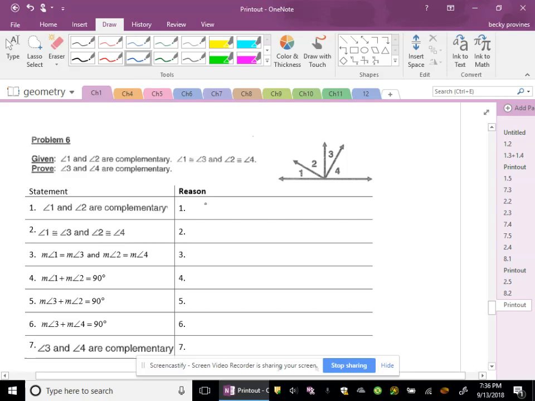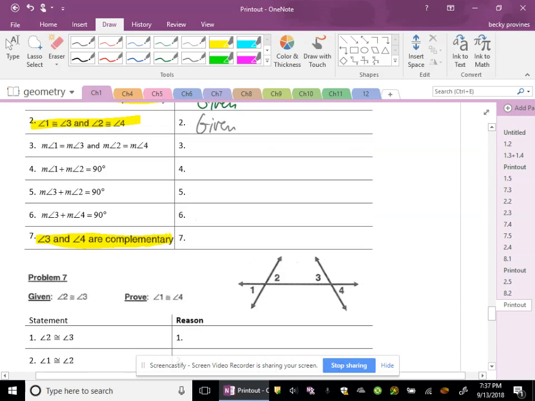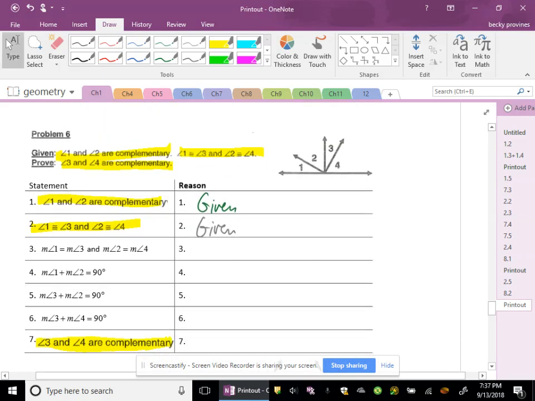Step number 1. How do we know step number 1? It is given. How do we know step number 2? It is given. What you're proving goes in step number 7, or the last step, and that's already completed for you.